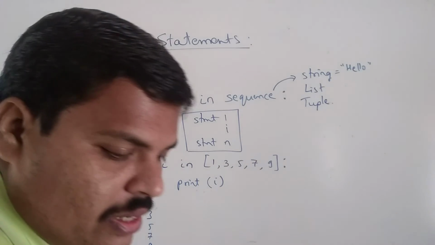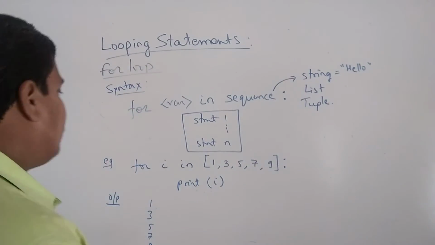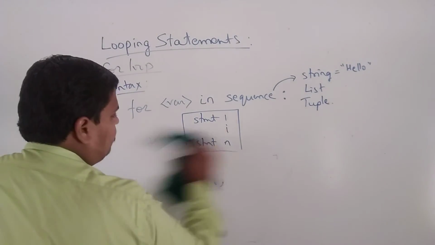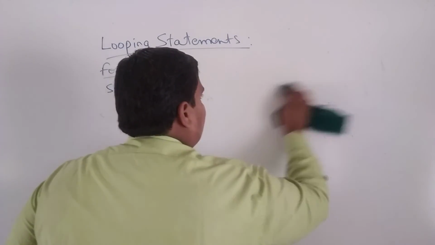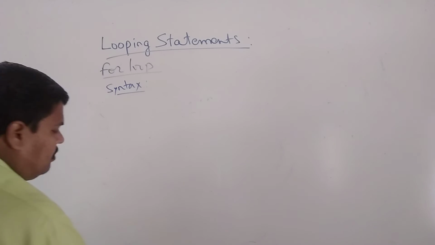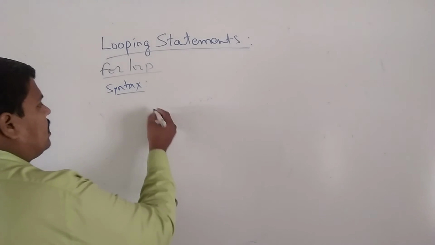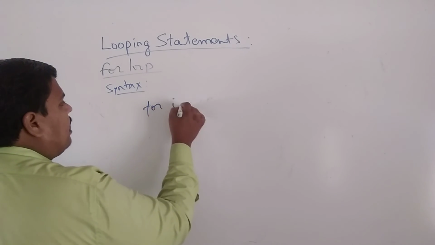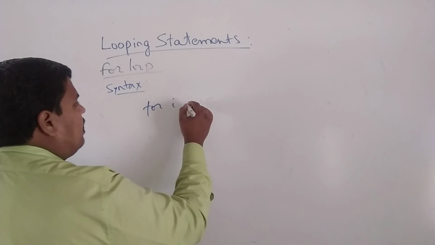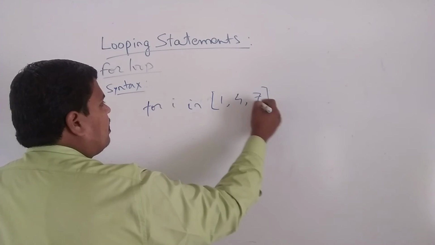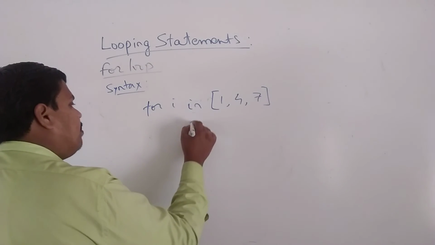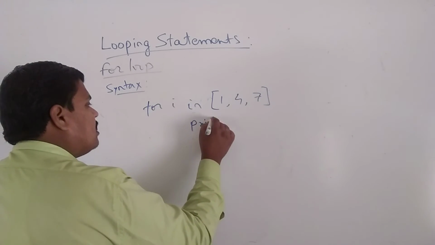Yes, students, we will take an example. Write an example for this. See, for i in a list 1, 4, 7, and we are printing its square.